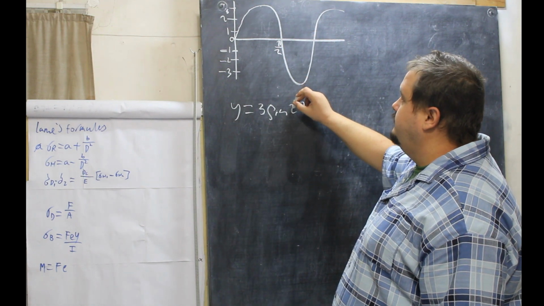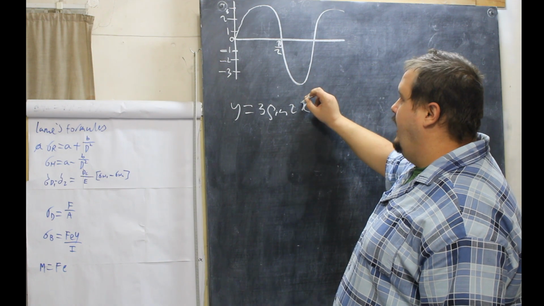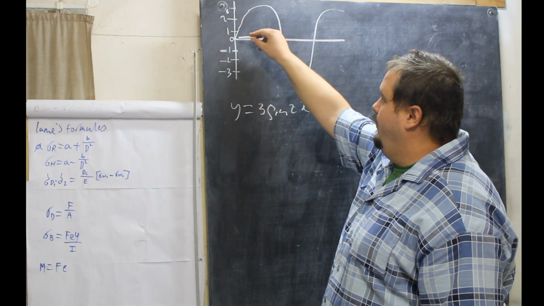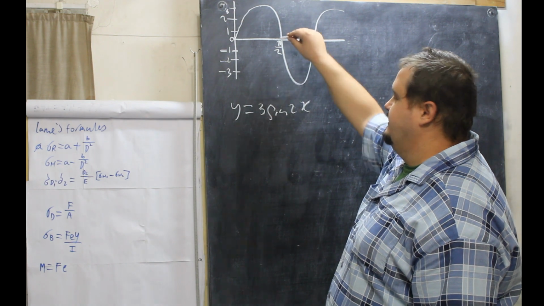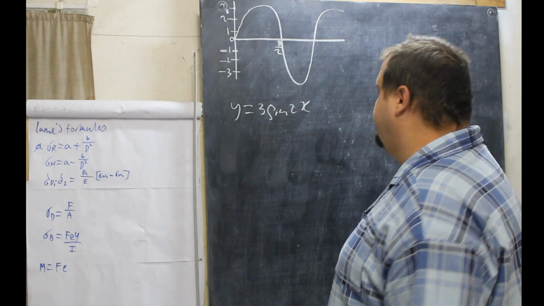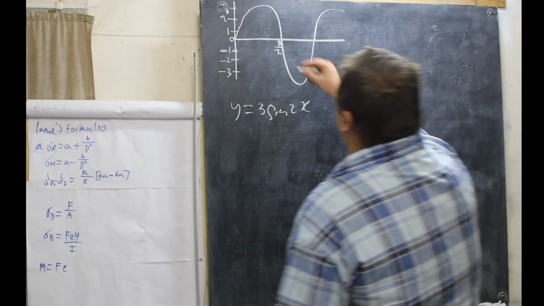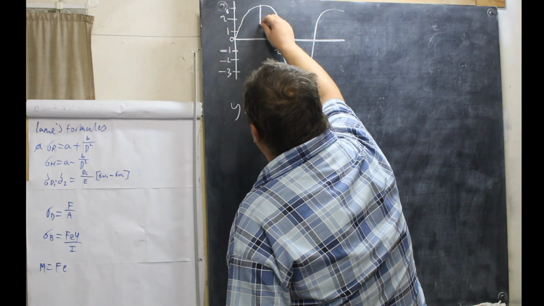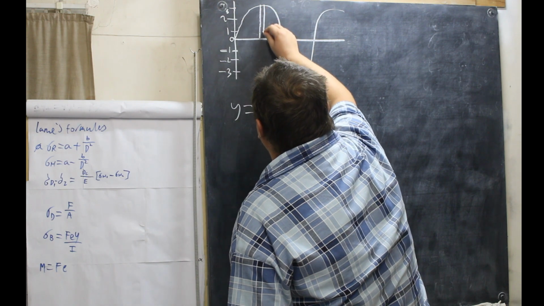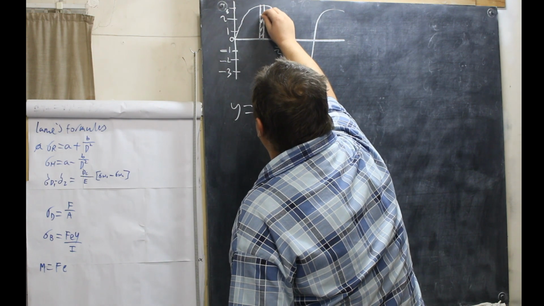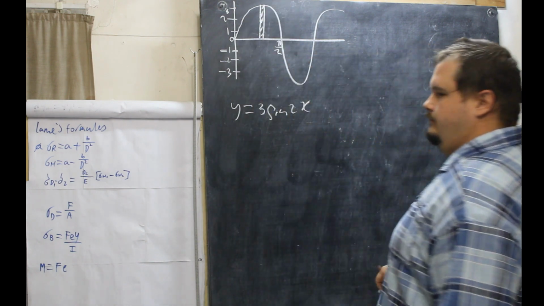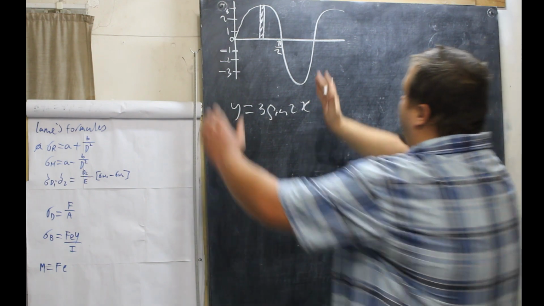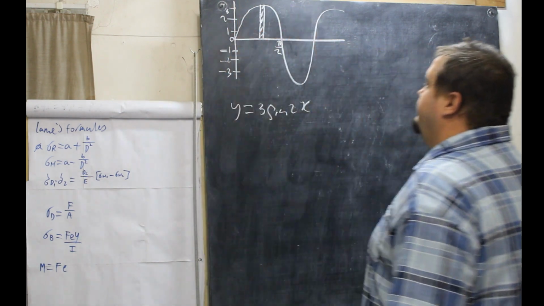So pi over 2 times 2 is just pi, and sine pi is 0. So what we're basically doing is finding the area of this curve right here. And here's the representative strip. So we're getting the area bounded by this curve right there.